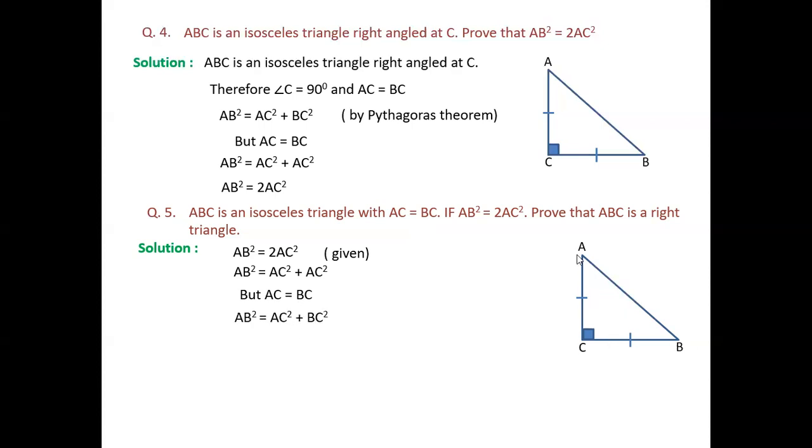So what I am getting is AC square plus BC square is equal to AB square. This is nothing but Pythagoras theorem. Therefore, by converse of Pythagoras theorem, triangle ABC must be a right triangle, because if the Pythagoras theorem is satisfied, it is possible only for a right triangle. That means the given figure is a right angle triangle.